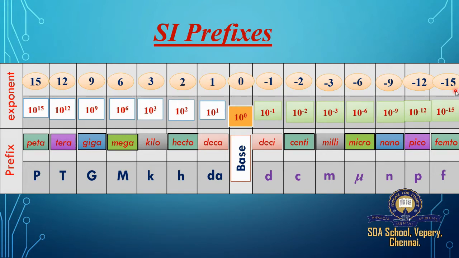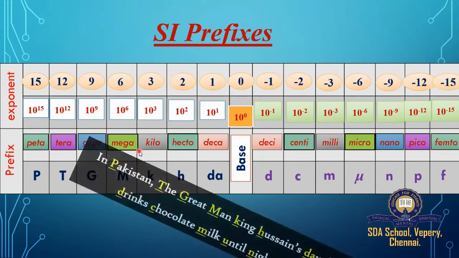And the main thing in this tabular column is you need to memorize these prefixes and the exact exponent form as well. Okay, and I just made a small statement to memorize it. If you want, you can use these statements to memorize these prefixes. Here is a statement.